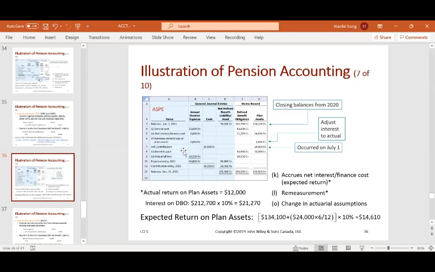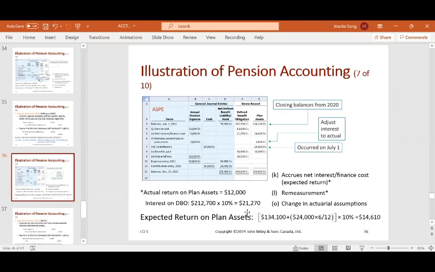The actual return is whatever you earned when you invest your plan assets, and that affects plan assets. But only the expected portion goes into pension expense under IFRS. But we're not talking about IFRS, we're talking about ASPE, right?